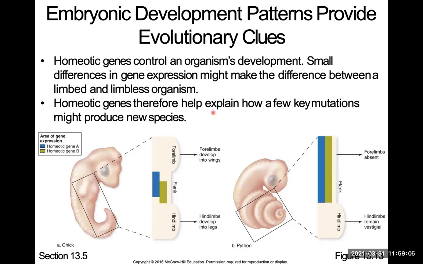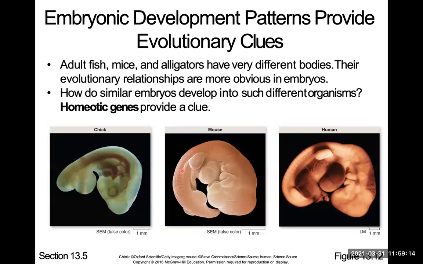They explain how some key mutations might produce new species. Because they all look similar in the embryo, but because of homeotic genes turning off or on, or the gene expression, you end up looking completely different as an adult. So they look at embryology as evidence to see the patterns for the evolutionary clues.